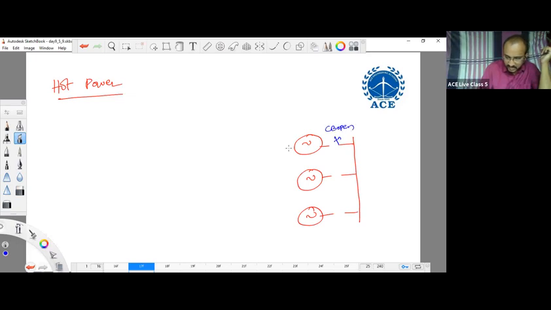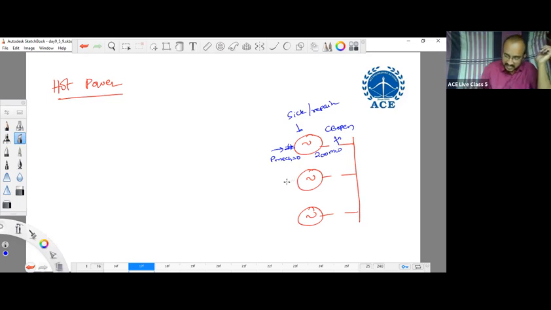There is no mechanical input. Mechanical input is zero. So the unit is under sick condition or repair condition. Suppose this is rated 200 megawatt. This 200 megawatt comes under cold power condition.